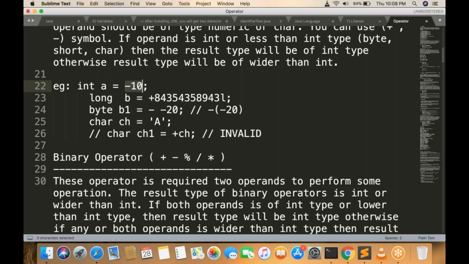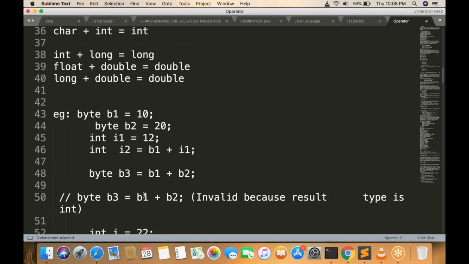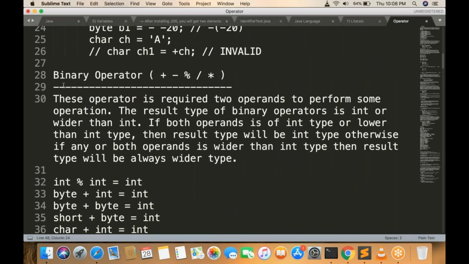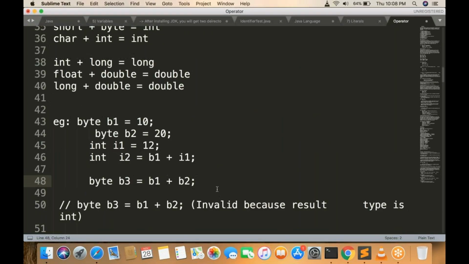So if one operand is there, that means it is the unary operator. If two operands are there, that means binary operator. Correct? Now, in binary operators, how many operands? Two operands, right?